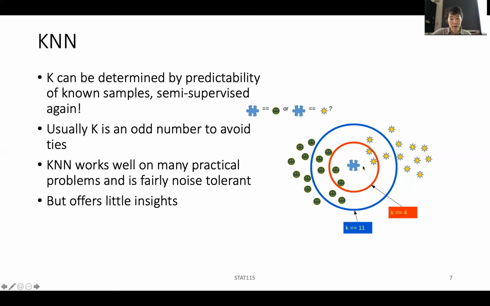We're trying to predict whether this one is disease or normal. What we can do is, if we don't use this unknown sample, just look at the known samples. Well, we can try a K of 3 or 5 or 7 or 11 and see how well this K works to predict the known samples using the majority voting, and see which one gives you the best result.